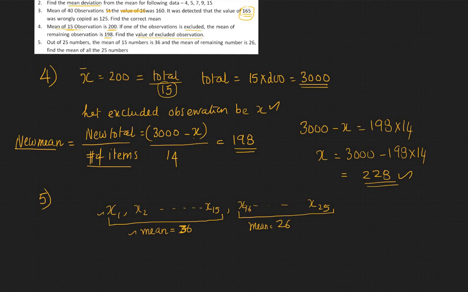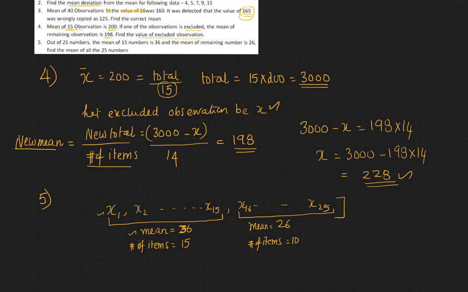It's important to also know that the problem has given you the number of items. The number of items in this case is 15, and here the number of items is equal to 10. All right, and now what they are asking is to find the overall mean.